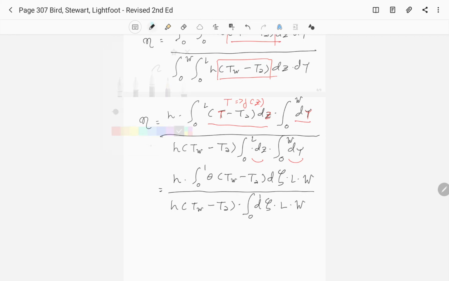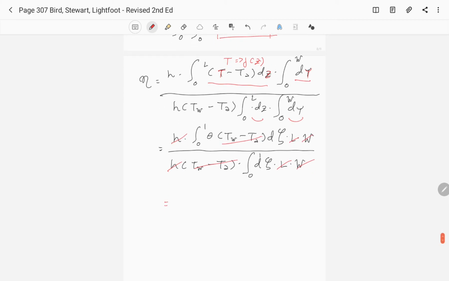And we can simplify further by basically cancelling some terms in here that are similar. Okay, this LW. Okay, then this will be equal to the integral from 0 to 1 of this, integral from 0 to 1 of this.